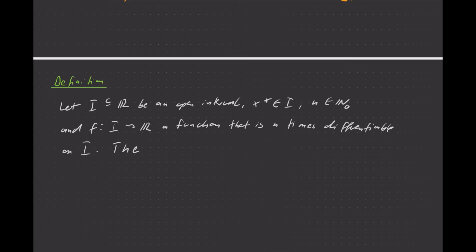And then we can define what is called the nth Taylor polynomial of f at x star, or it's also called the Taylor polynomial of f at x star of order n.